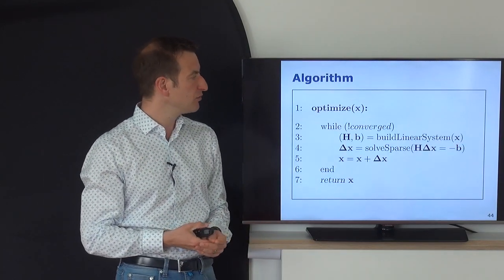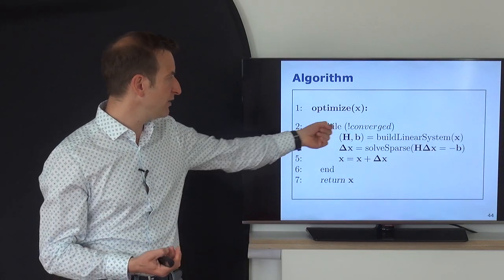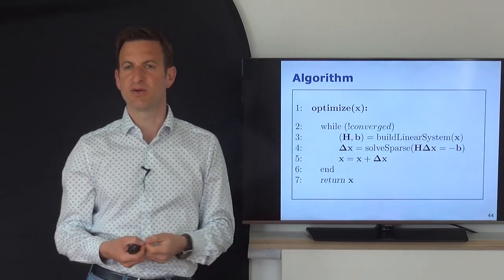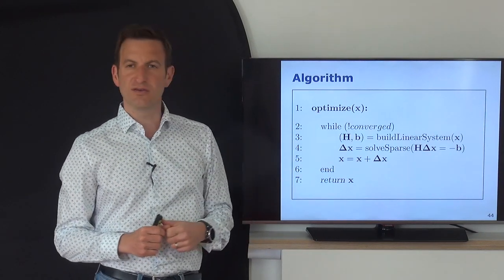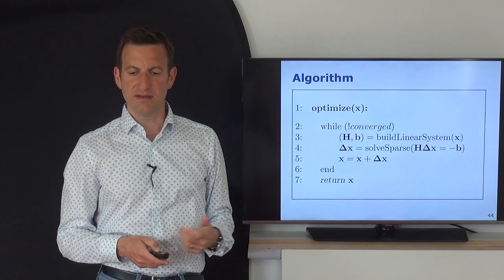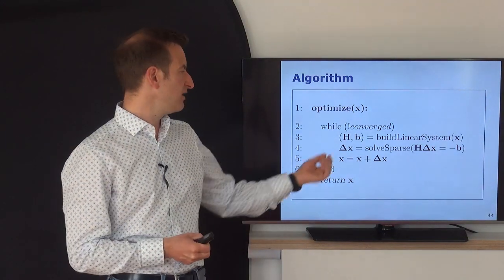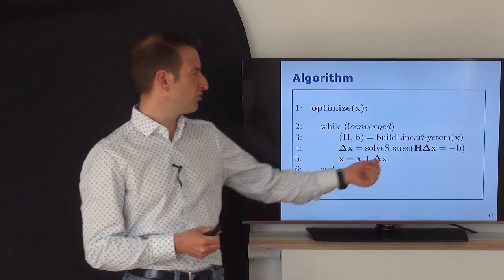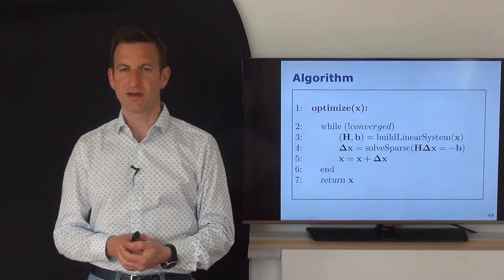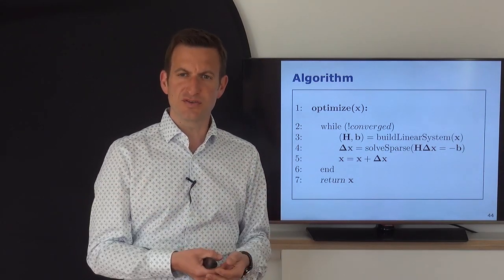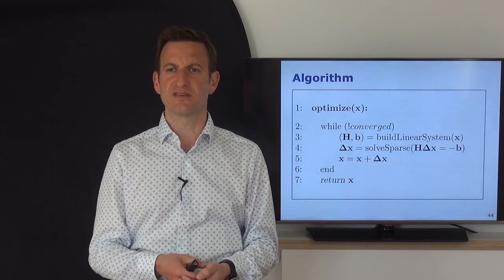And then you can run your optimize function, which then turns out to be very easy. You say, while you're not converged, and the convergence can be whatever, for example the size of your update, you build your linear system, your matrix H and your vector b, exactly with what we have written on the previous slide. And then you run your sparse solver, which should solve H times delta x equals minus b. For this you can use Cholesky decomposition, as we have briefly sketched last time, but now you would use a sparse variant of Cholesky decomposition.